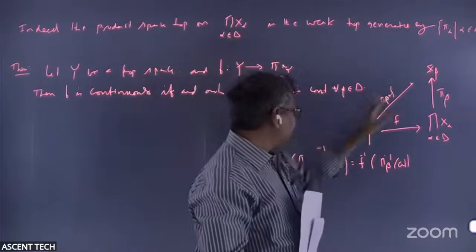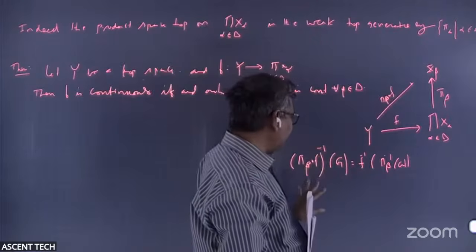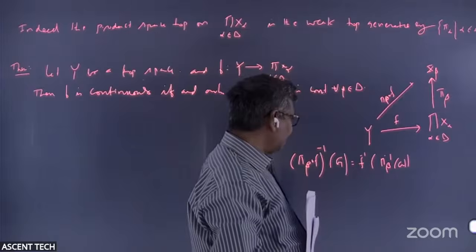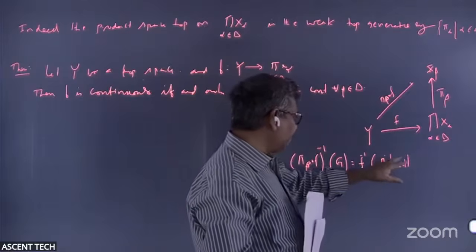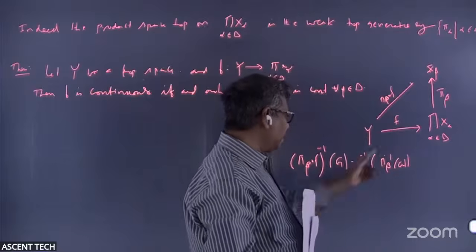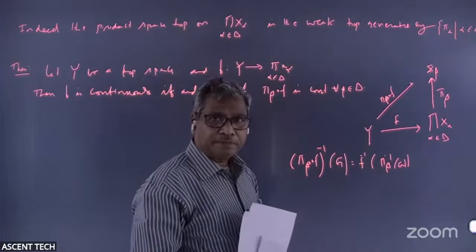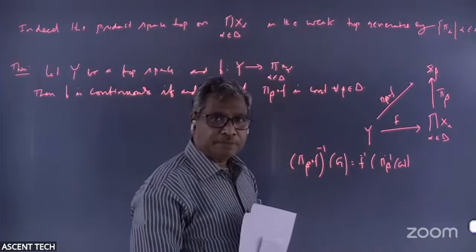If every such set is open for every beta, then F inverse of every subbasic open set is open. Therefore, F is continuous. I proved the converse also.